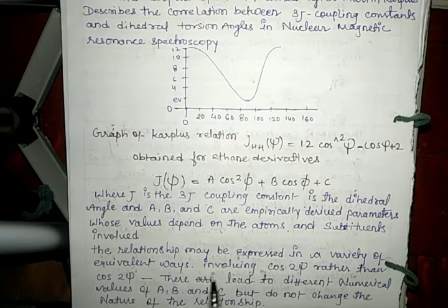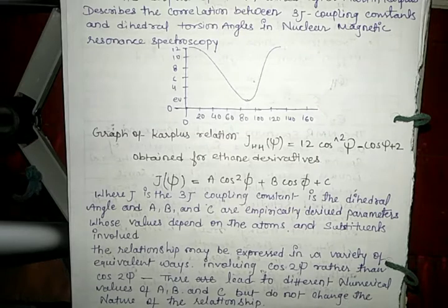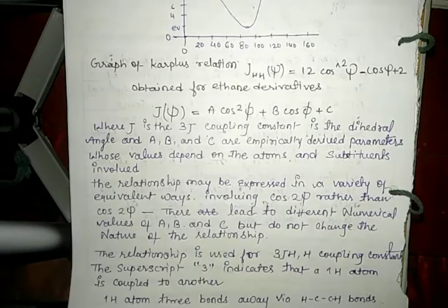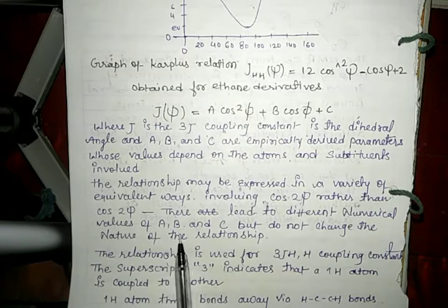The relationship may be expressed in a variety of equivalent ways involving cos 2 phi rather than cos square phi. These lead to different numerical values of A, B, and C, but do not change the nature of the relationship.